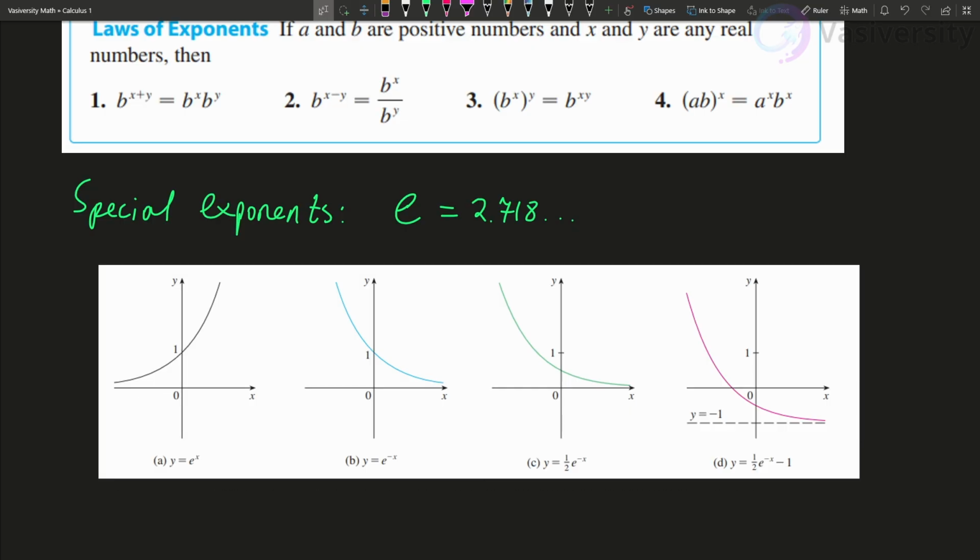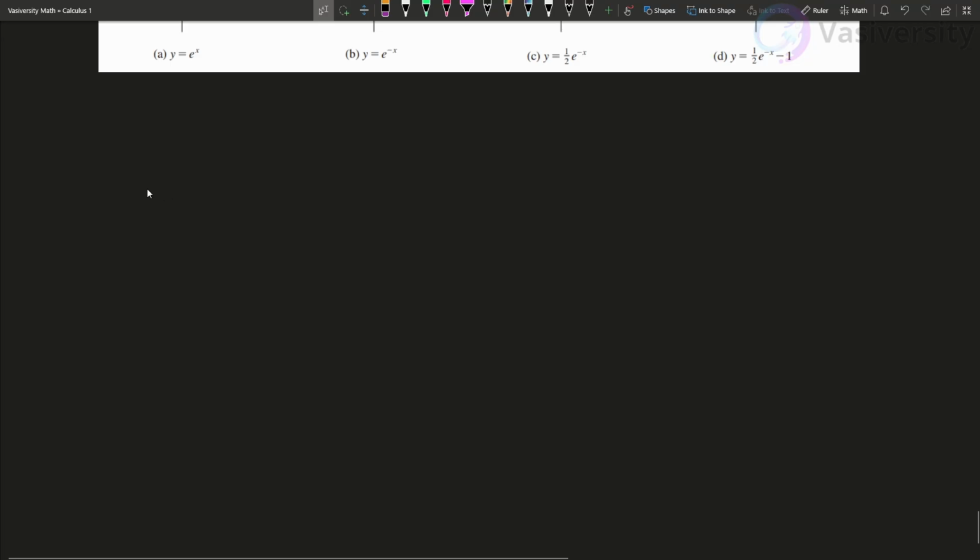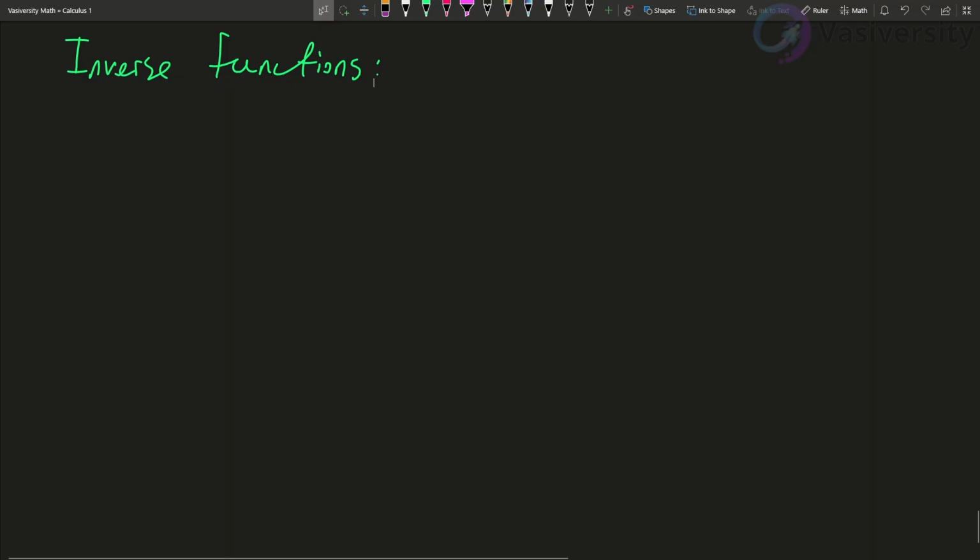All right. Now let's talk about inverse functions. Essentially, we're trying to get from y back to x. Here is an example. Sometimes we have a function that is a one-to-one function.